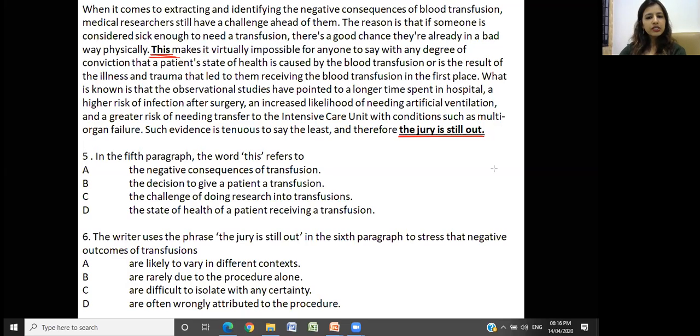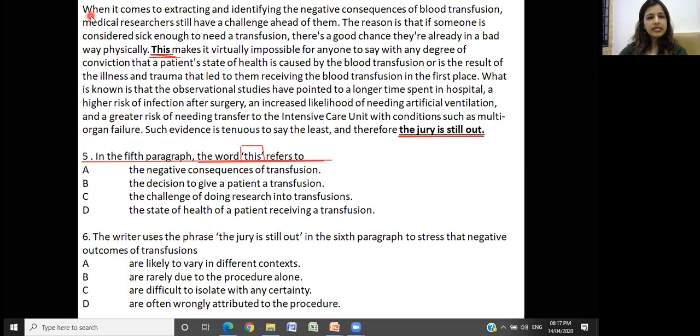Now, let me teach you what strategies we follow while dealing with such questions. So, the first question here is reference link. It says, what does the word this refer to? When you are trying to do a reference link question, you know that you use this, that, the, such for things which you have mentioned earlier. Right? So let us now read here and see why the writer has mentioned this.